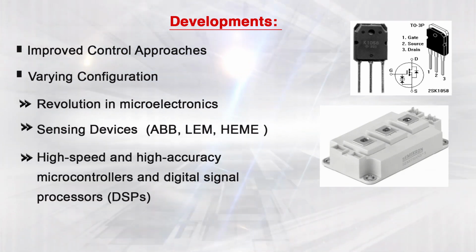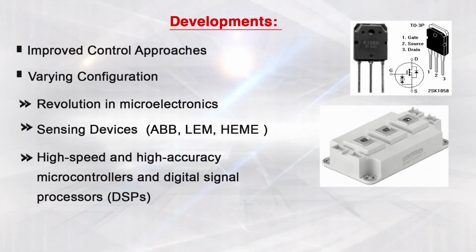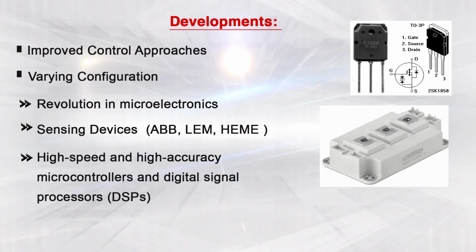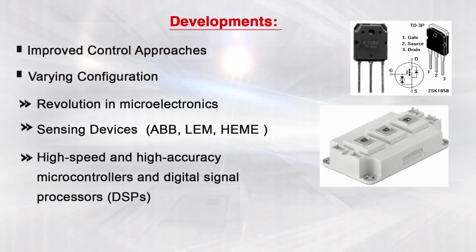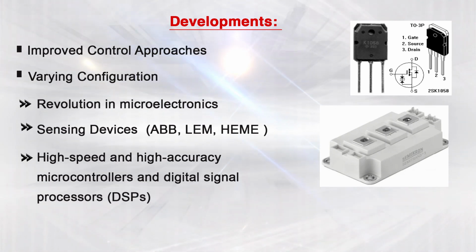Then we have high speed and high accuracy microcontrollers and DSPs, digital signal processors. The speed of the microcontroller is important here. If your control is lengthy, the computation time of the microcontroller will increase, so we need a microcontroller which can respond very quickly.